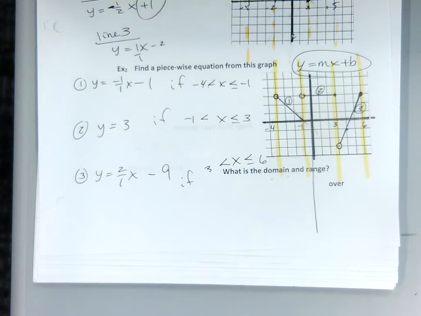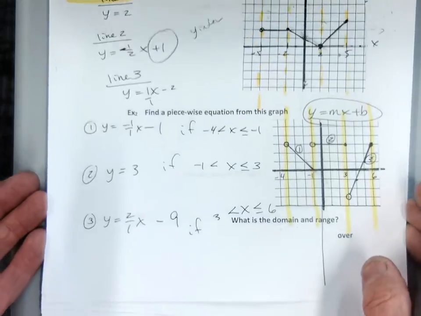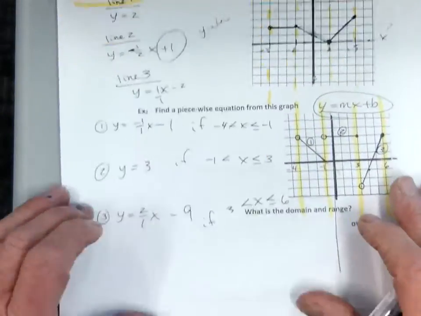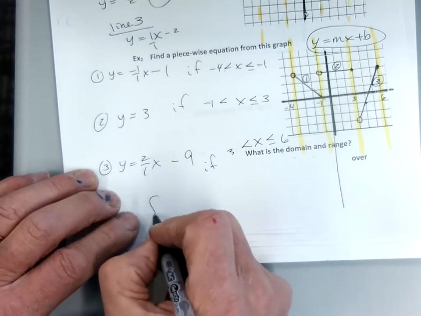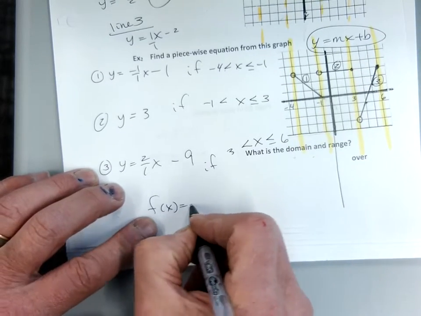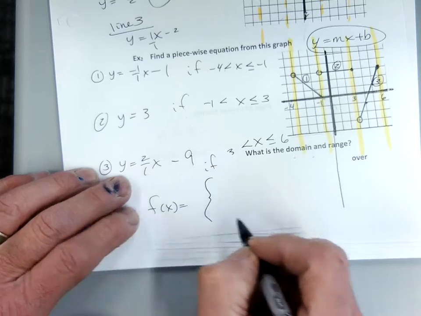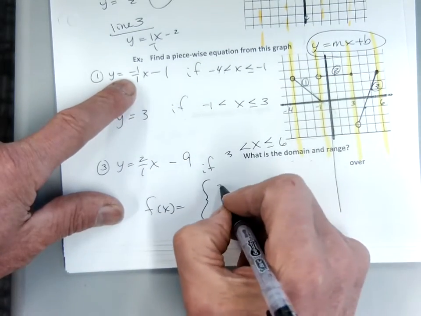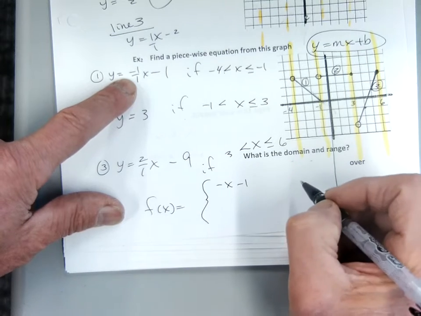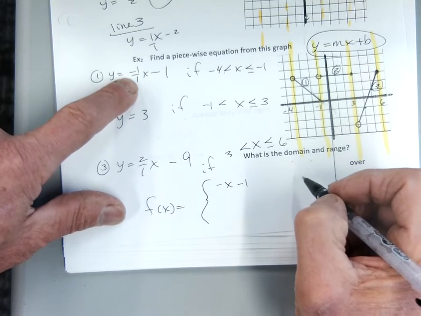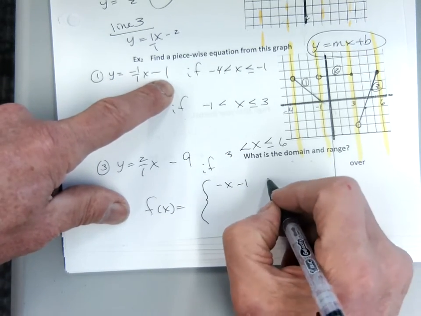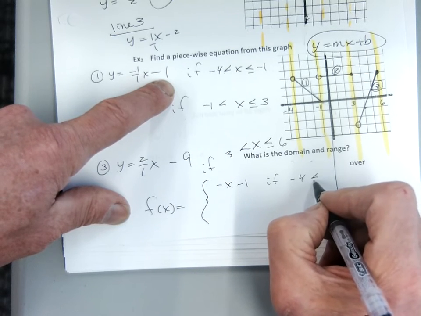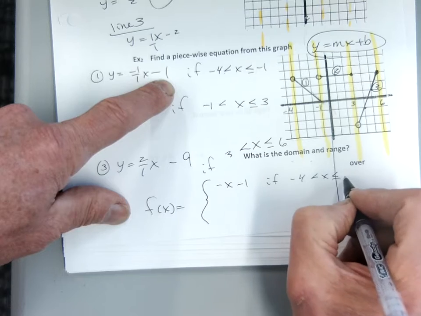Now, let's put it all together because I want it to look like this, okay? So let's rewrite it. So I'm going to go, okay, f of x is equal to, put my squiggly down, my brace is what it's called. I'm going to go -x minus 1 if -4 is less than x, which is less than or equal to -1.